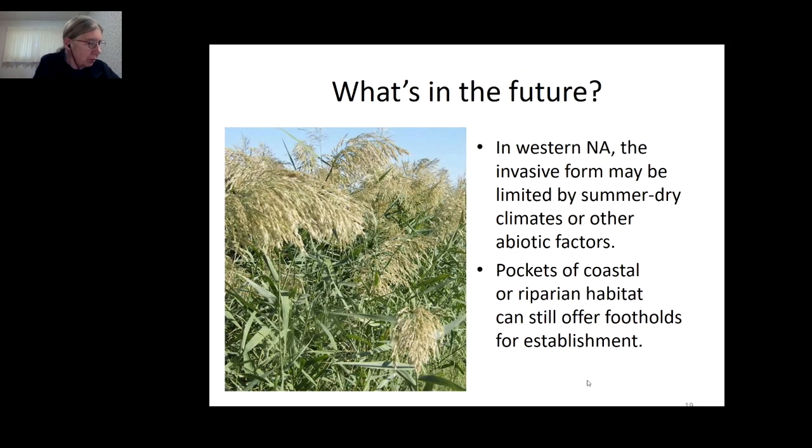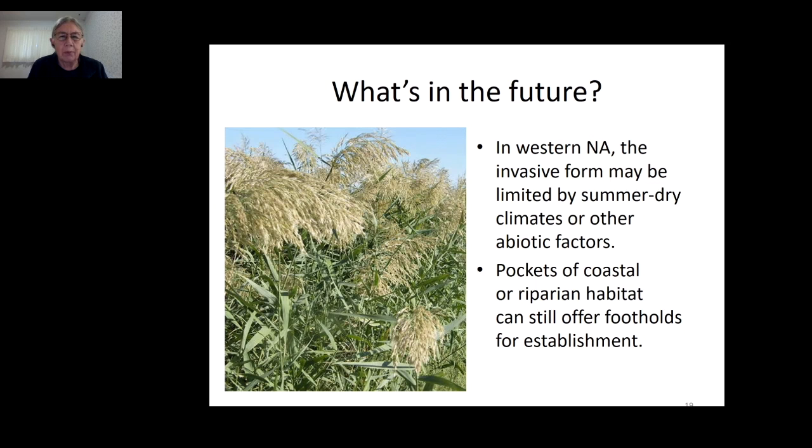Now I just want to finish up here by thinking about what the future holds for the control activities in the West. It looks from the climate modeling as though in Western North America, the invasive form of Phragmites is just more limited by climate.